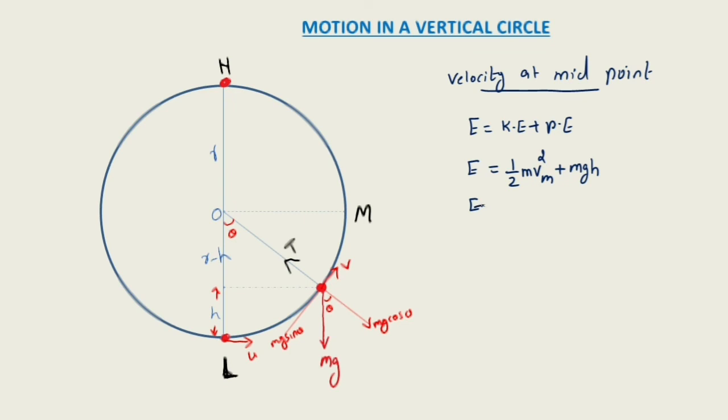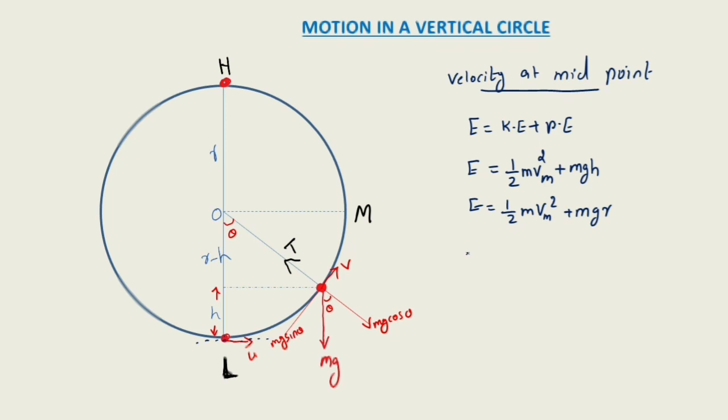So the total energy at the point M is half into m into Vm square, the velocity at the point M, plus mg into the height it has now been raised from the reference point. It is raised by r, so we can write h is equal to r.